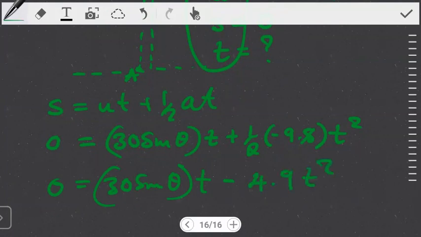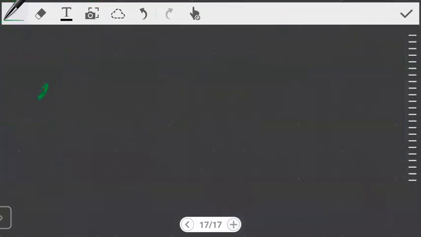This equation, you can continue simplifying a little bit more. If we rewrite this, I'm just going to make the 4.9 t squared positive. When I multiply it by negative 1, this becomes positive, but for this to be positive, then the other term has to be negative 30 sine theta t, and this is equal to 0.